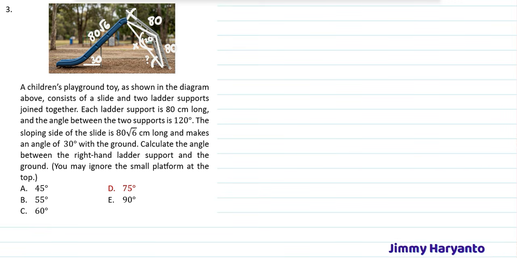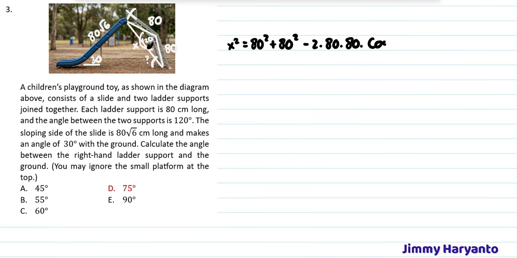Using the cosine rule, x squared equals 80 squared plus 80 squared minus 2 times 80 times 80 times cos 120. Like I said before in the previous questions, you can simplify the lengths by dividing by 10, like this, like this, and like that.